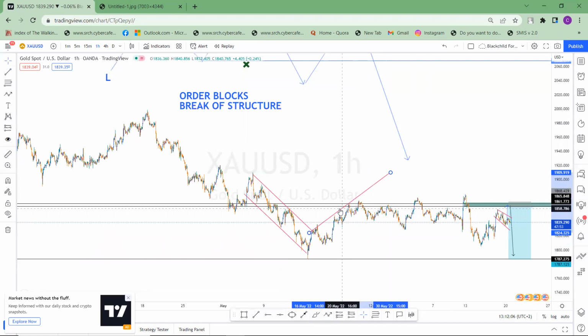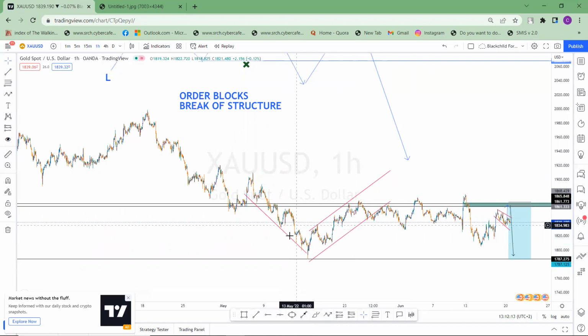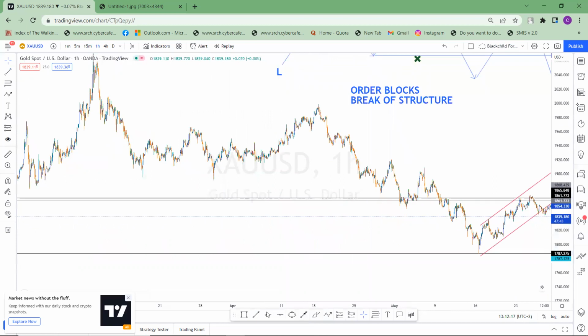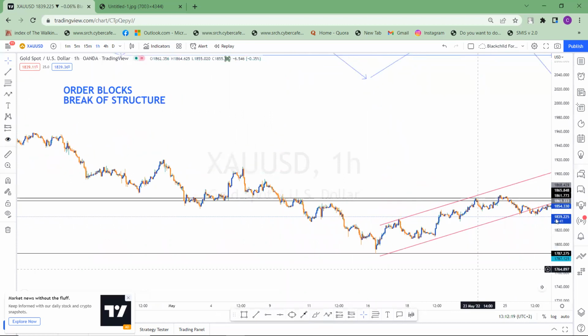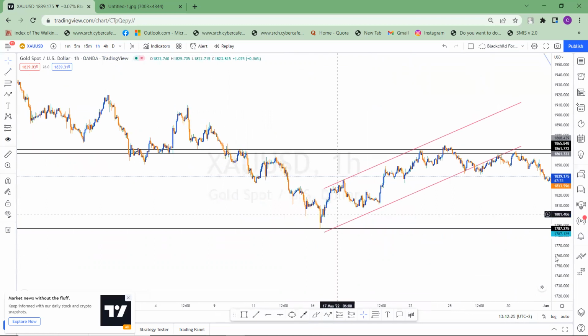I want to explain that scenario that I've said there, why price is actually going up. How did it change? How would you know that price is actually reversing? This is another setup that we took the same Friday. After price finished coming down here, hit our TP, we started pushing to the upside.